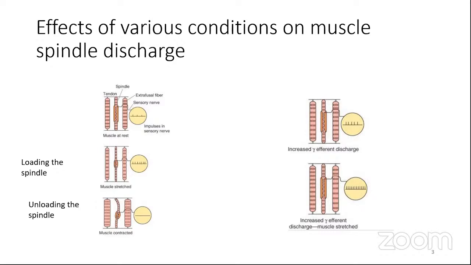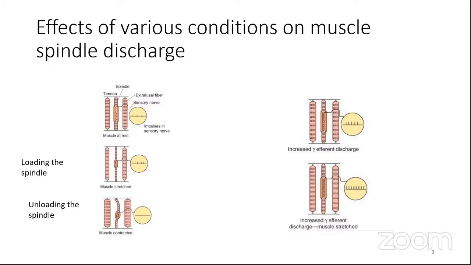In the next diagram, you can see increased gamma efferent discharge. So when the extrafusal muscle fibers are contracted, it will produce increased gamma efferent discharge to the muscle spindle.